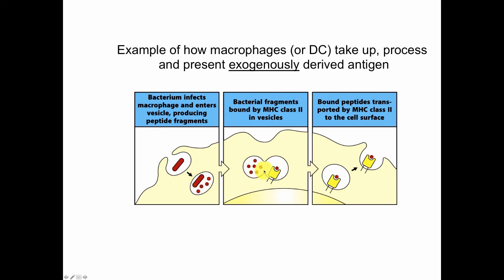Some of those peptides are associated with the MHC molecule, which is then expressed on the cell surface, where it can engage with T cells that have receptors specific for peptides from that bacteria and facilitate activation of this cell that has phagocytosed the bacteria. And so MHC class 2 molecules present exogenously derived antigen that comes from outside of the cell.